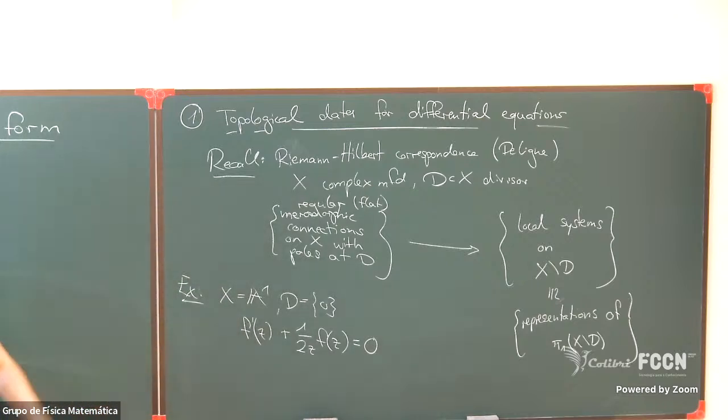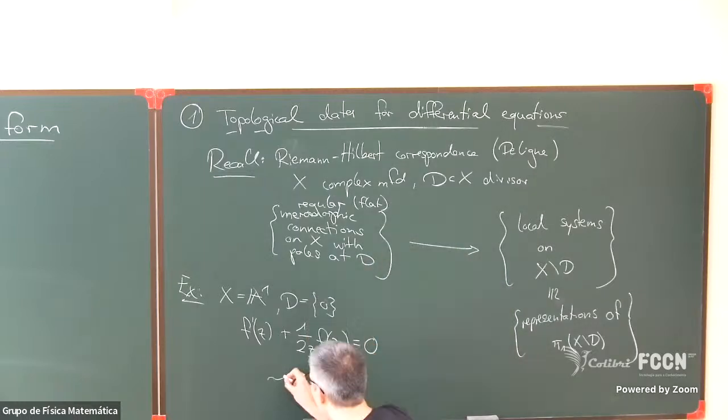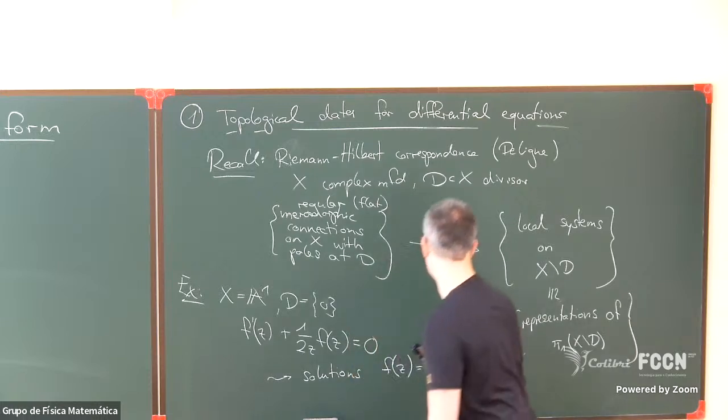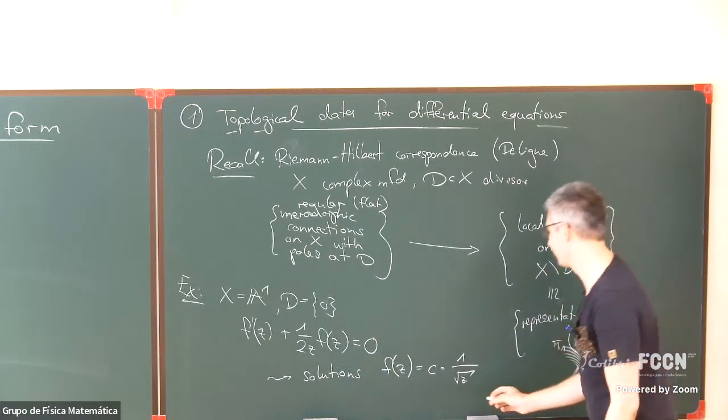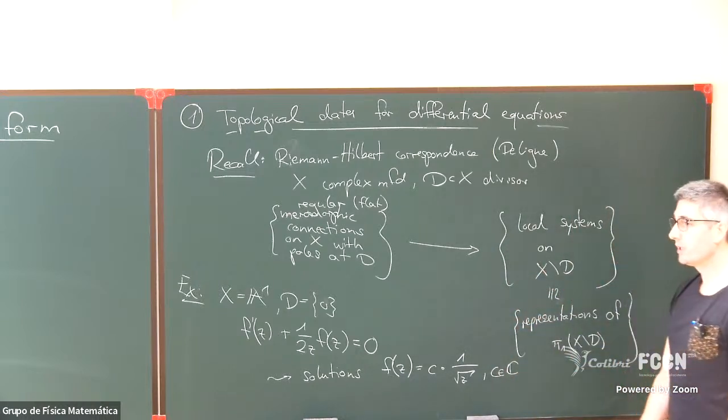This is a meromorphic differential equation. And the solutions, you can guess, are multiples of the function 1 over square root of z, so c over square root of z for some complex number c.